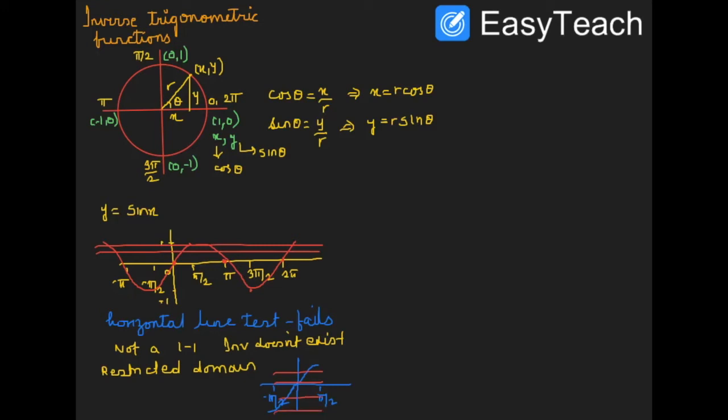So I am restricting the domain, and therefore in a restricted domain the inverse exists because it is cutting only at one place. So what is the domain?